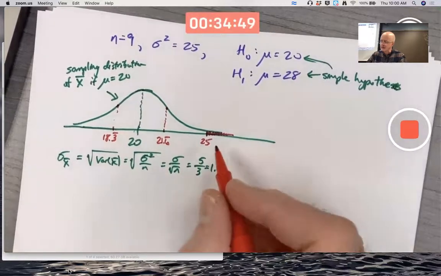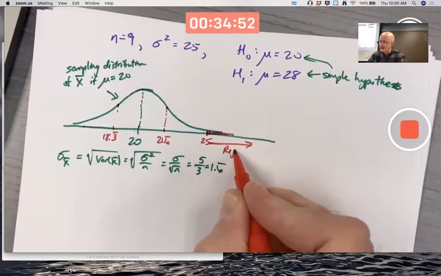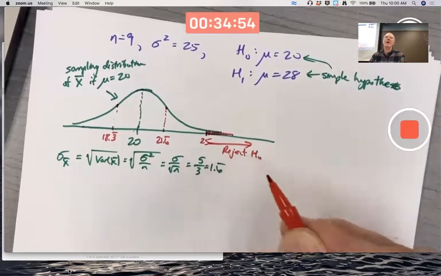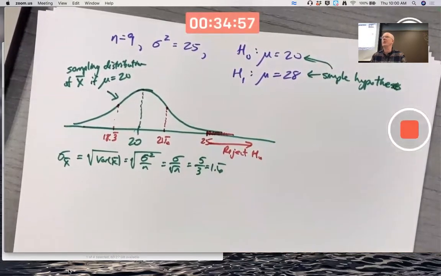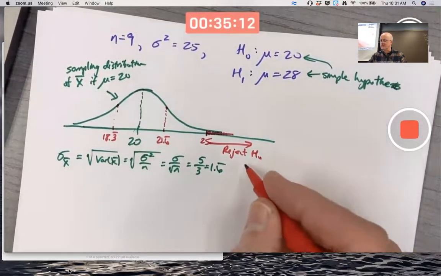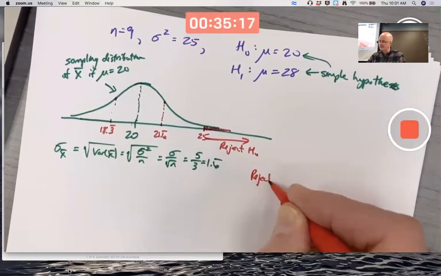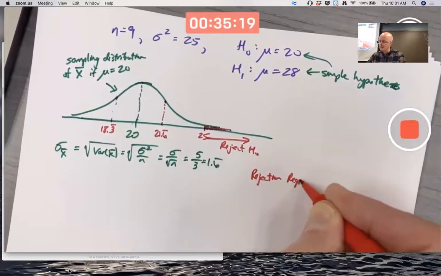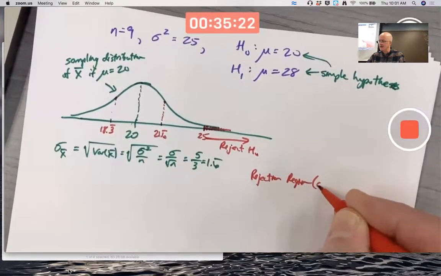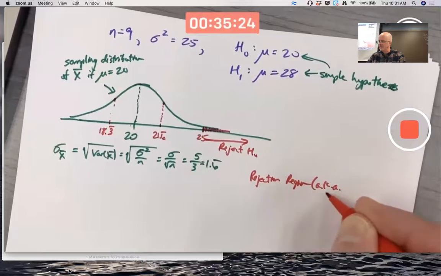Choosing the rejection region in that way is going to completely determine what alpha is. Alpha, the level of significance, is the probability of a type 1 error. That area, which will be small, is going to be the probability of a type 1 error. This is the rejection region, also called the critical region.